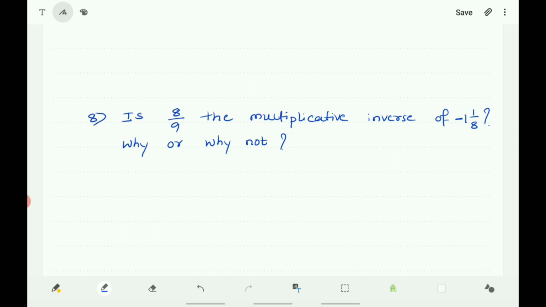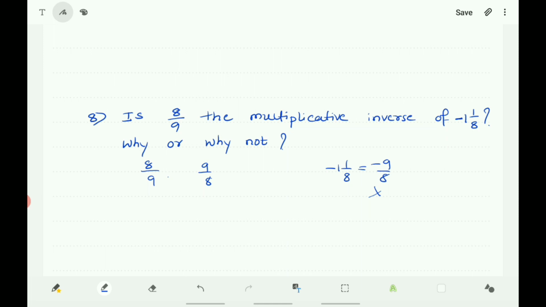First let us verify. You know the multiplicative inverse of 8 by 9 is 9 by 8. Here it is given minus 1 1 by 8, that is minus 9 by 8. And you know that minus 9 by 8 is not the multiplicative inverse, because here the sign is changed.